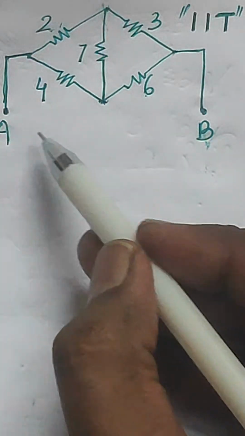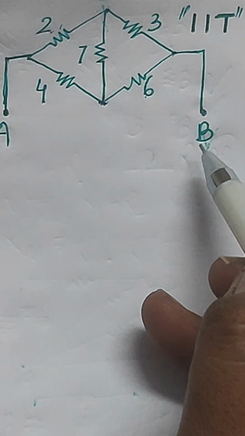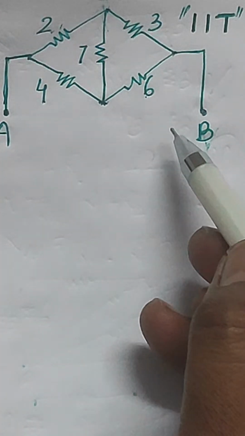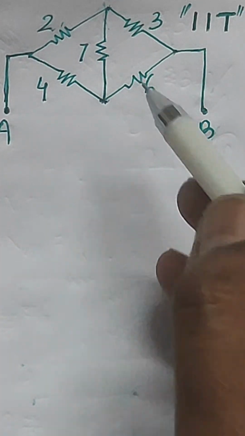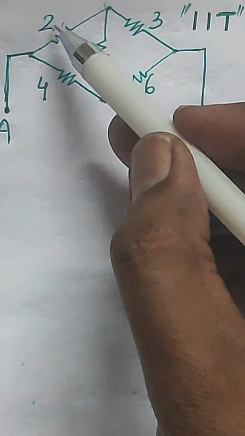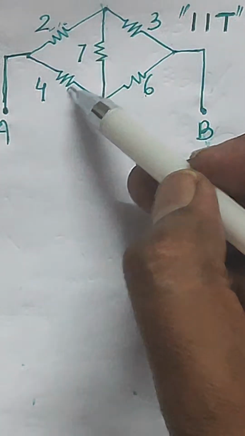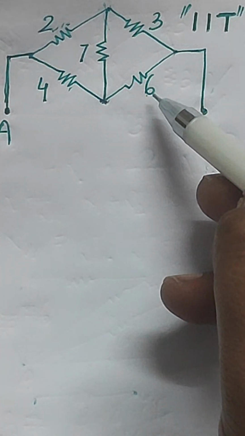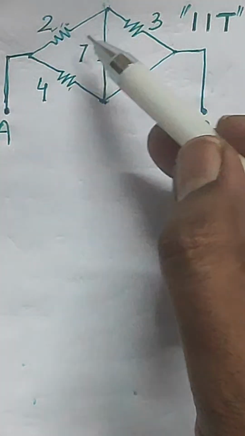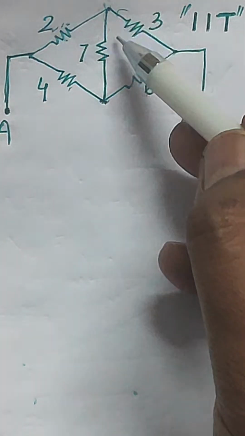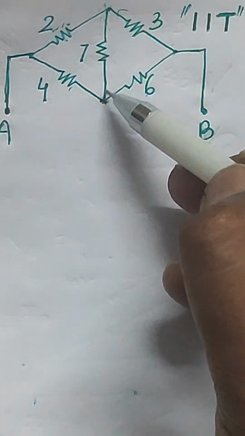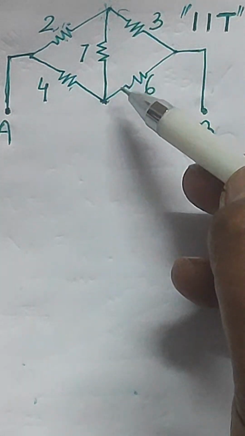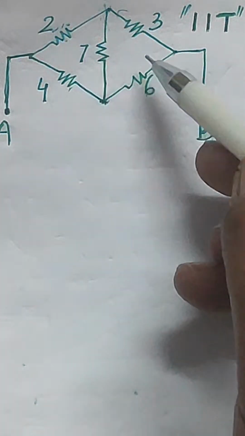And when a battery is connected across the points A and B, then when the values of these resistances R1, R2, R3, R4 are such that no current is flowing through this galvanometer, in that case, if you remember, the bridge was balanced.